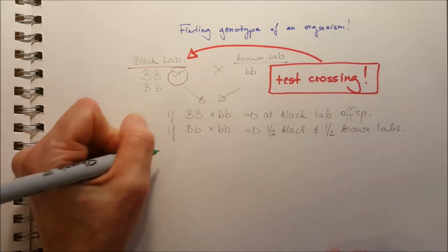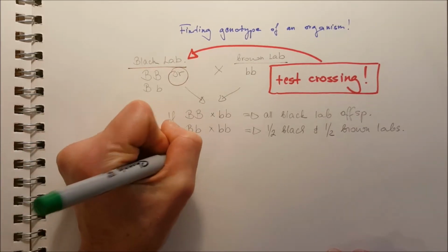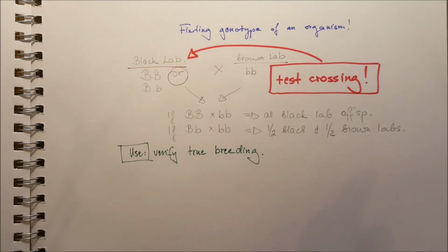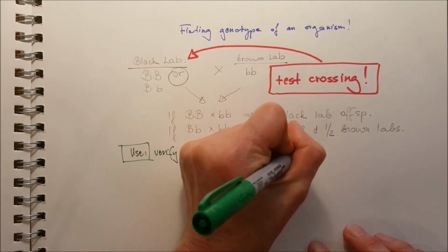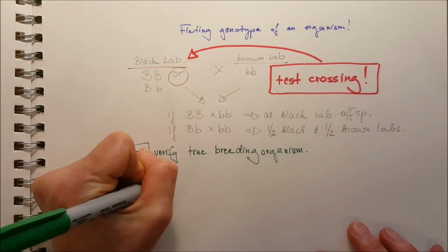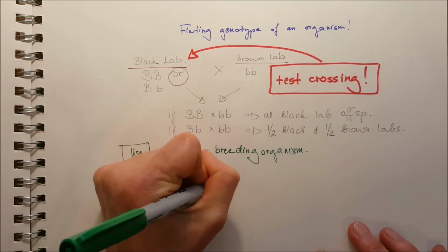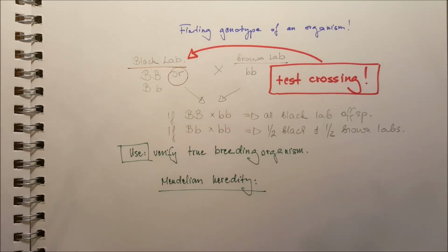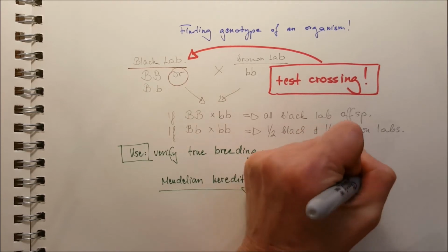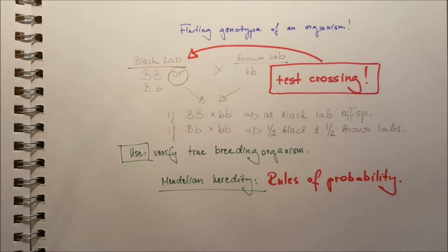The use of the test crossing method is verifying the true breeding organism. Mendelian heredity deals with the rules of probability. That's really important.